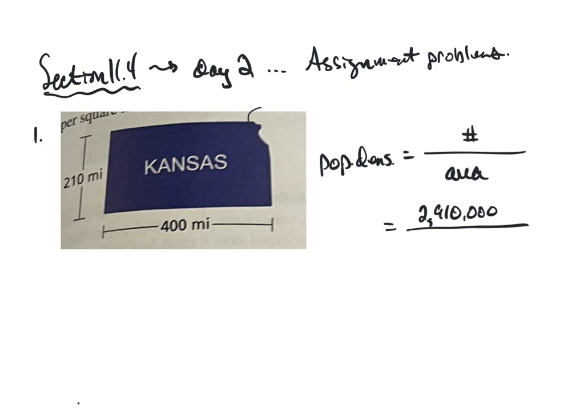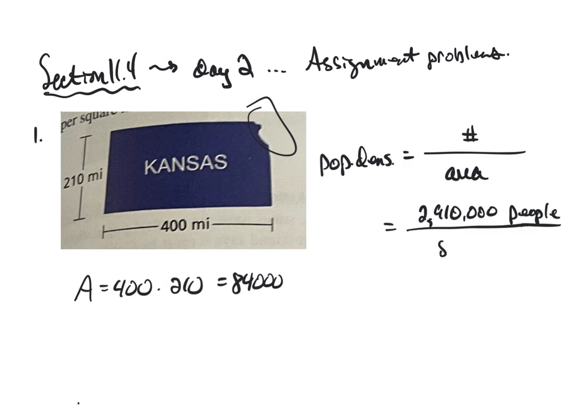The idea is we don't worry about this northeast corner. Kansas, for the most part, is a rectangle, so the area of that rectangle is going to be approximately its length multiplied by its width. So in this case, 400 times 210. So the area of Kansas is approximately 84,000 square miles. So that means there's 2,910,000 people spread out across an area of 84,000 square miles.